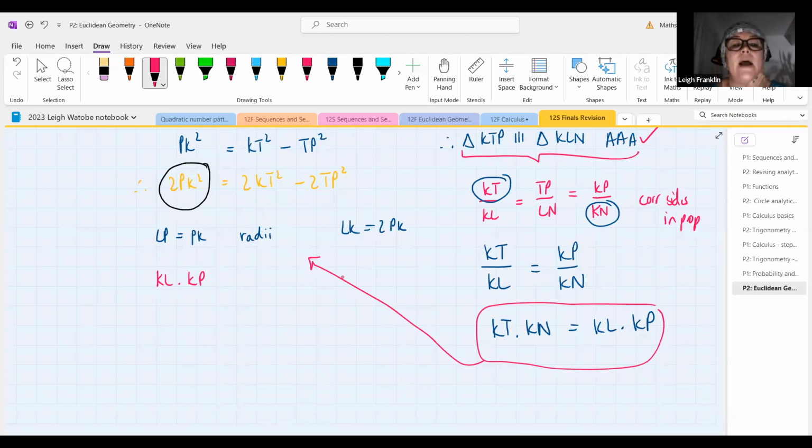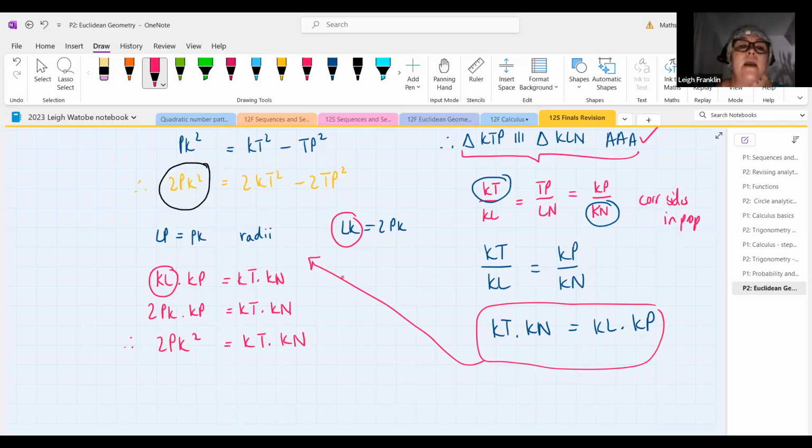You know that LK was equal to 2PK. So if I now sub in place of LK, this is equal to 2PK times KP, which is equal to KT times KN. So this gives me 2PK squared is equal to KT times KN.